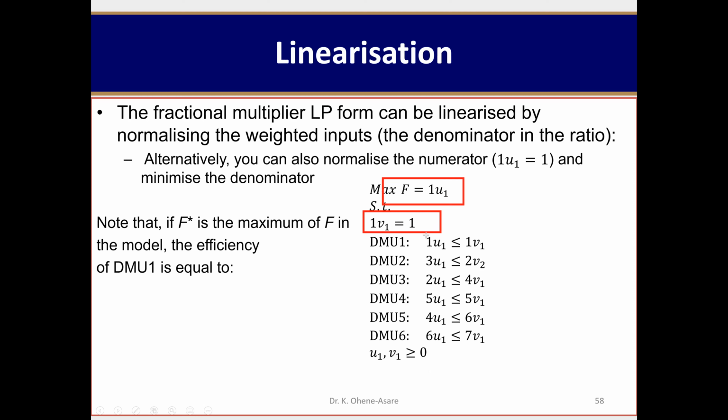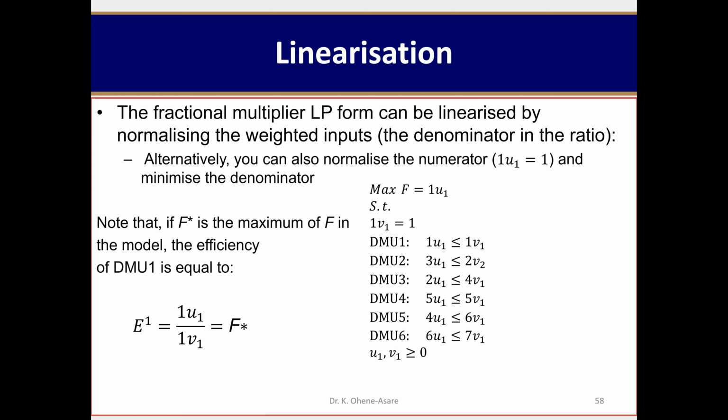And then each of the constraints, you cross multiply. So this is a cross multiplication that I did. But when you move this one to this side, then the inequality sign will change. So this is the multiplier model, but it's a linearized form now. It's no longer a fractional programming problem. It's a linear programming problem.